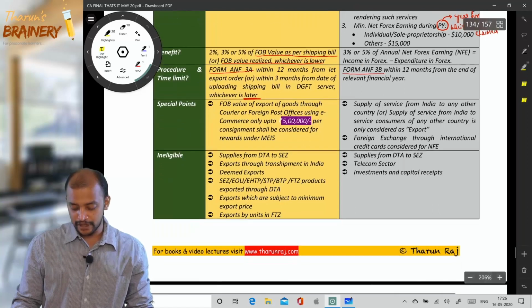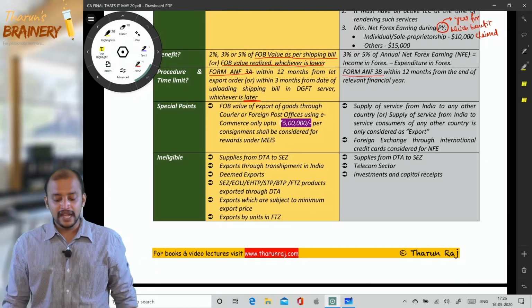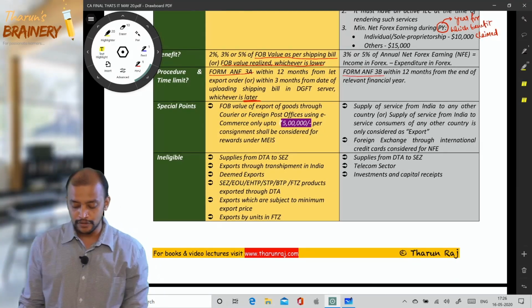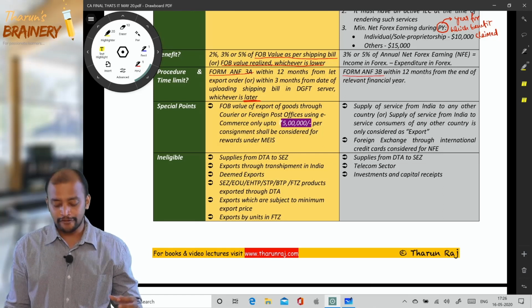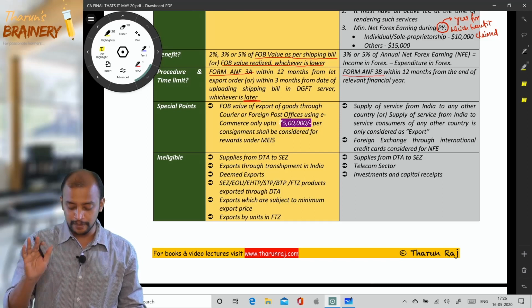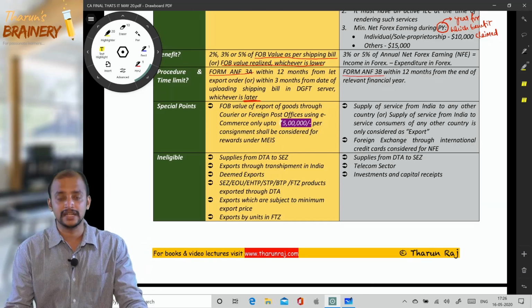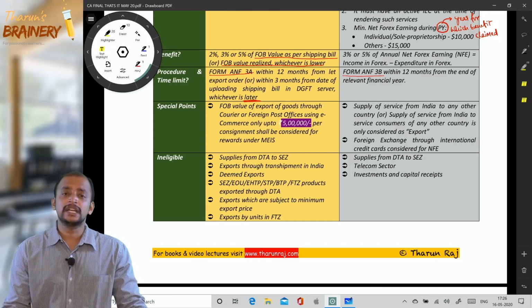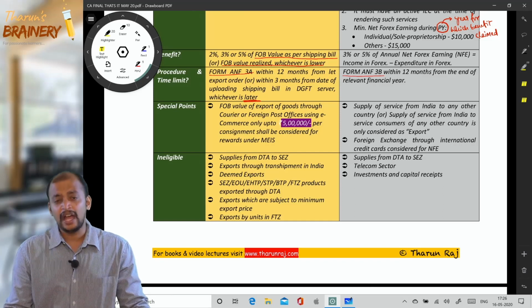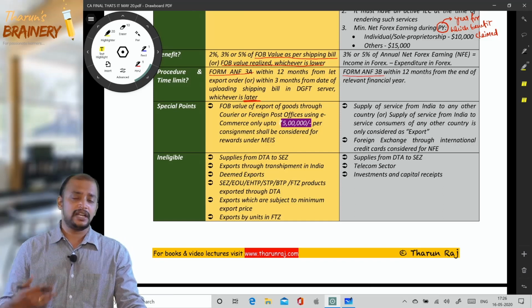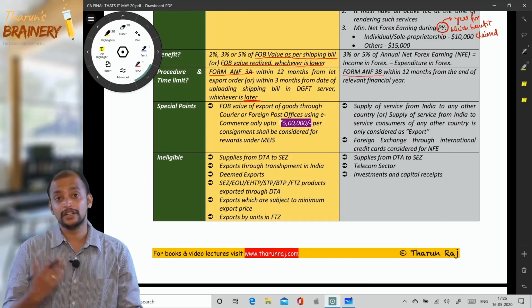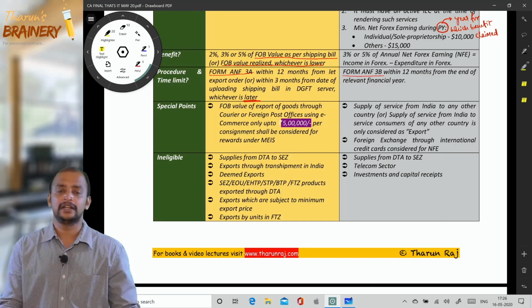Then some special points here for MEIS. FOB value of export of goods through courier or foreign post office using e-commerce only up to rupees 5 lakhs per consignment shall be covered for reward under MEIS. That is, you are not an e-commerce operator, you are exporting through an e-commerce operator.